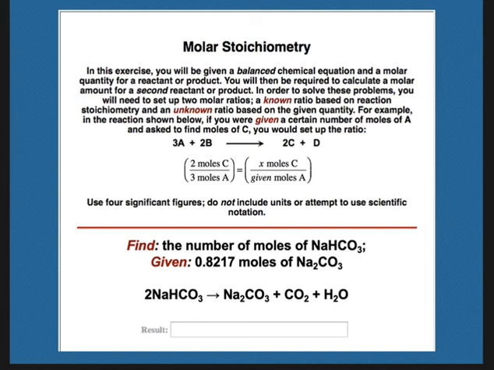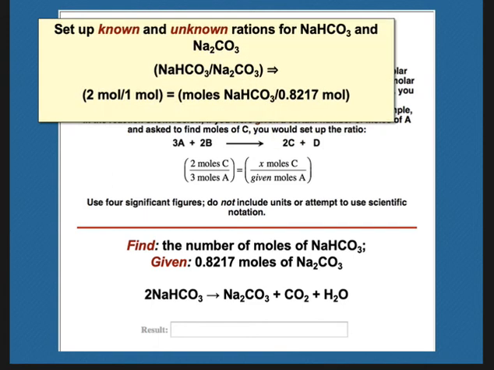Our given is carbonate, so that's going to be in the denominator. So it's going to be 2 to 1 as our ratio. Everyone see that? Sodium hydrogen carbonate over carbonate. So this guy over this guy, the ratio is simply 2 to 1.